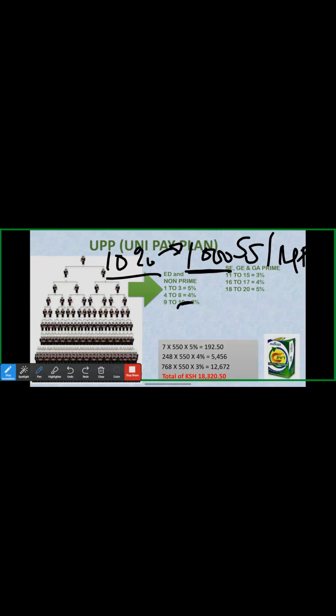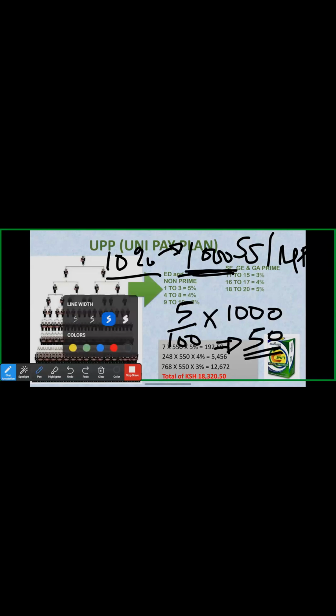You get 5% out of 100 times 1,000 Kenyan shillings. That is 1,000 stair step points in Kenyan shillings. And this one is coming to how much? 50 shillings. I don't know if we agree.